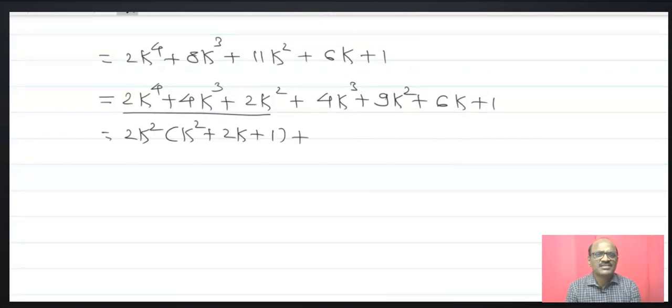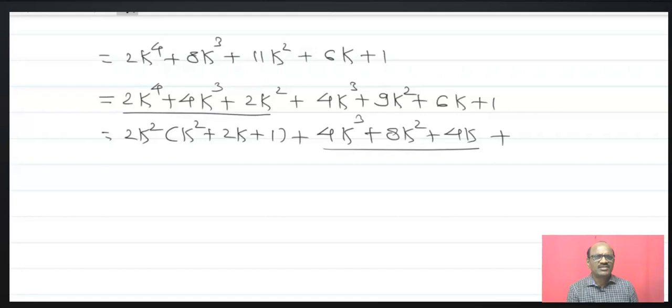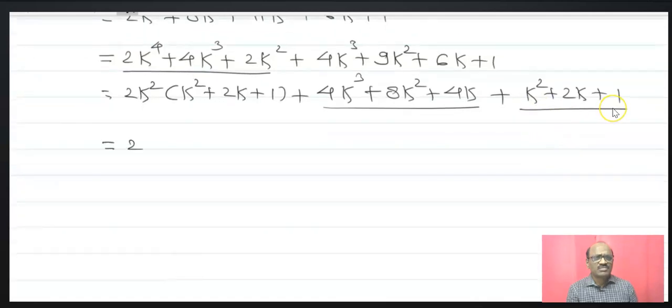From the next, we again adjust the terms, that is 4k cube plus 8k square plus 4k. Again we can take the common from this. Then you will get again k square plus 2k plus 1, and the last is like this, k square plus 2k plus 1.